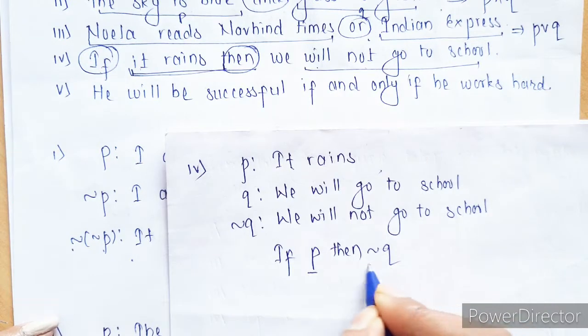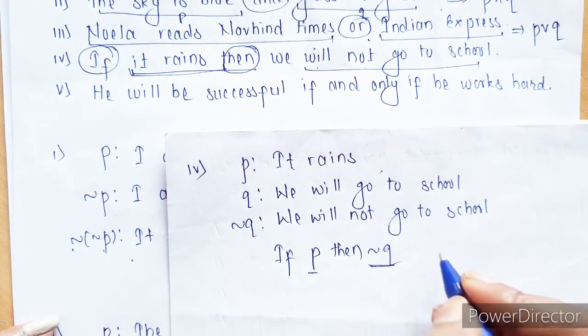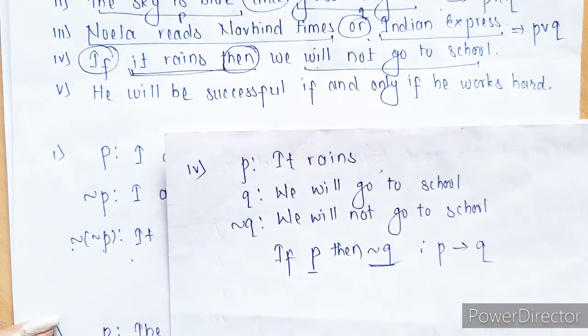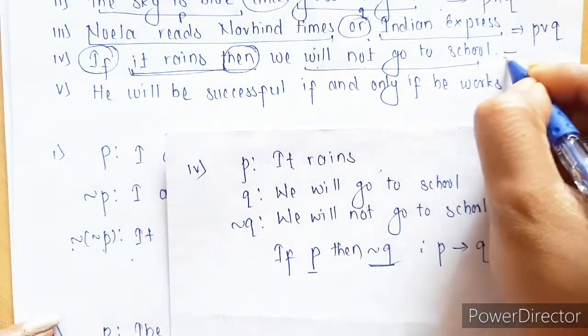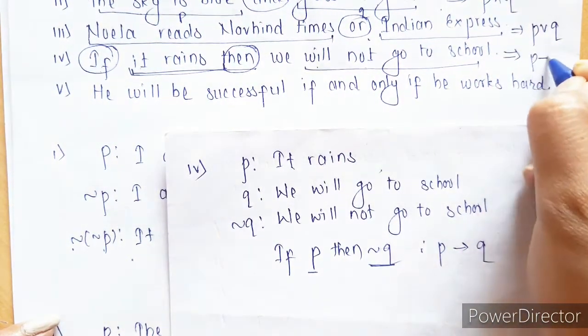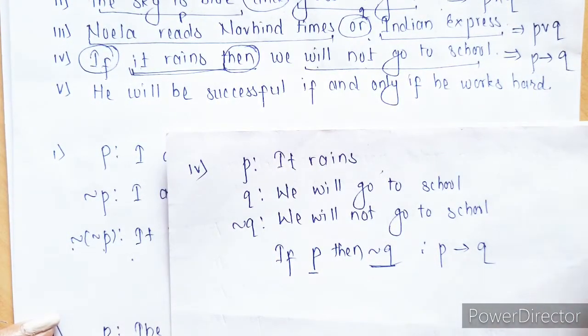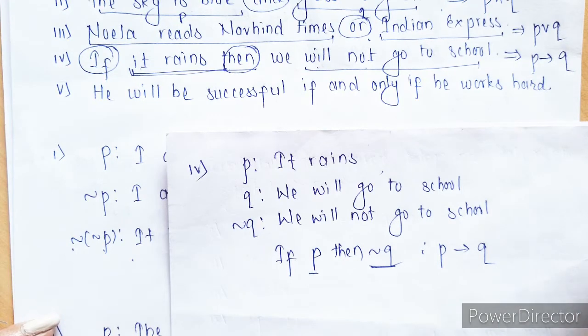So, if P then negation of Q, this can be written as P implies negation of Q. If it rains then we will not go to school.